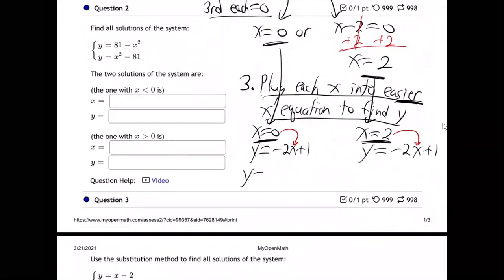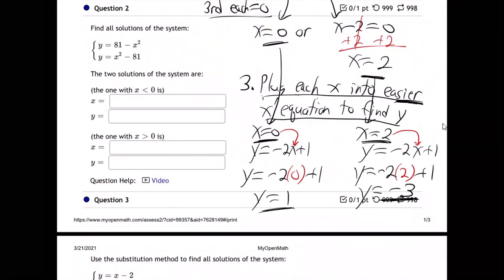What do you get? Minus 2 times 0 plus 1. Y is 1. Minus 2 times 2 plus 1 is minus 3. So 1 and minus 3.